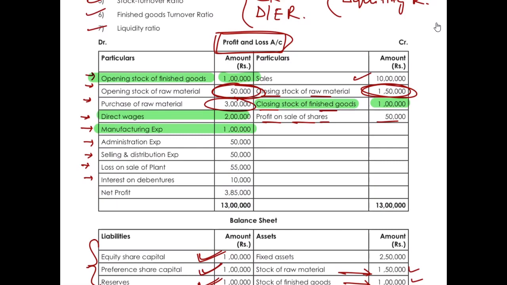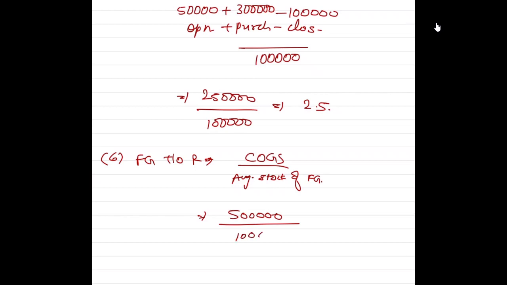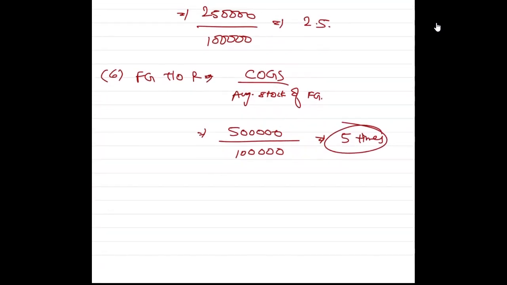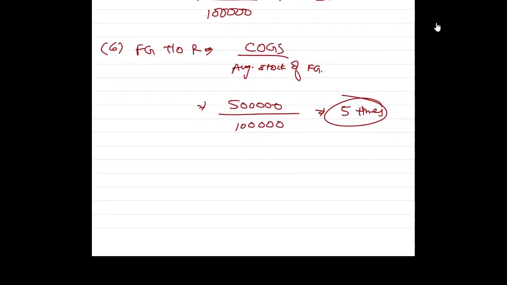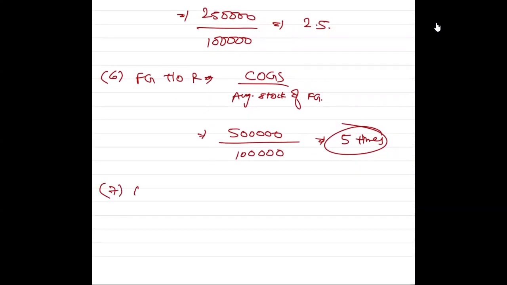So average stock of finished goods was 1 lakh plus 1 lakh divided by 2 is again 1 lakh. So the finished goods turnover ratio is 5 times again. So that was your sixth part, and last part was your quick assets.